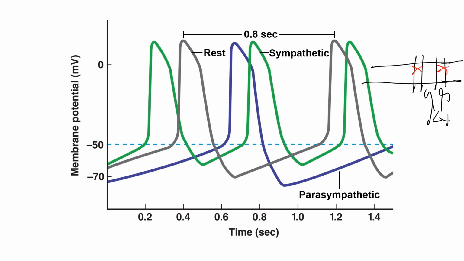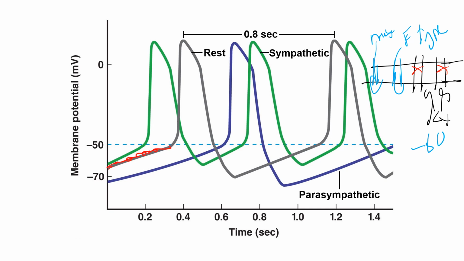And at the same time, the funny channels, the F-type channels, are opening. So what happens at -60 is you get to this point where more sodium is coming in than potassium is leaving, and the SA node fiber begins to depolarize, right? It begins to head towards threshold.